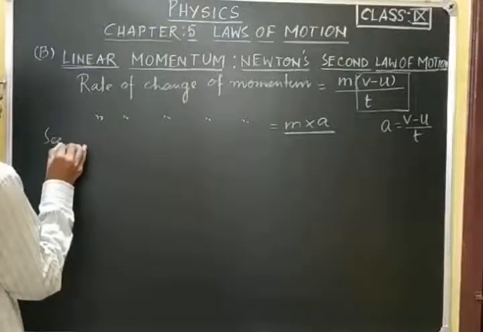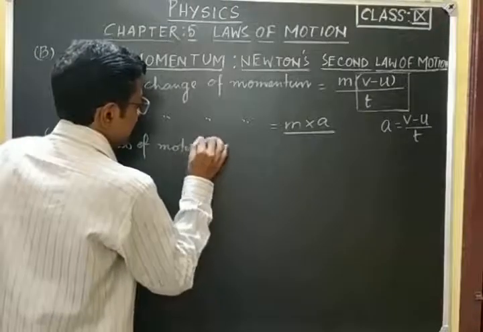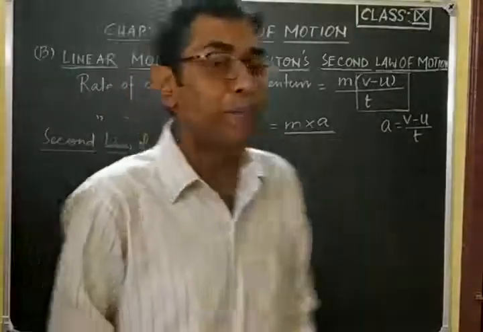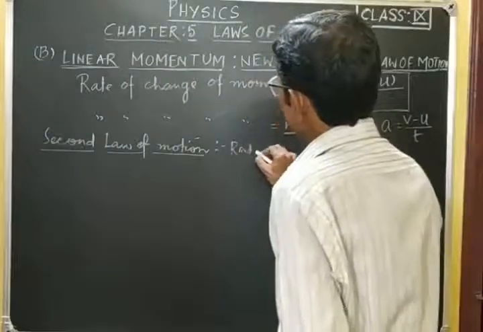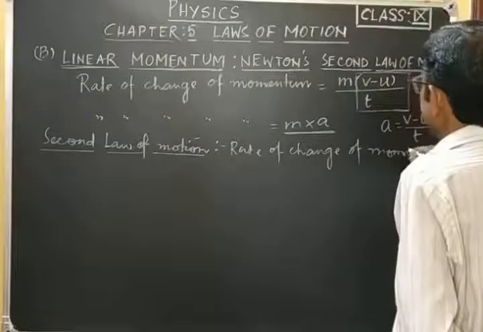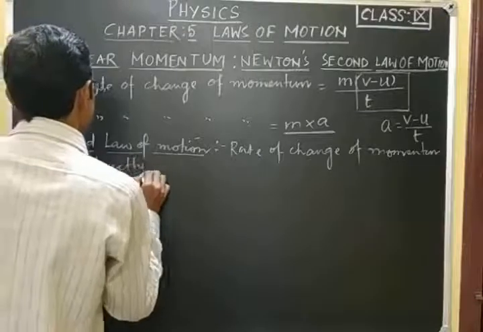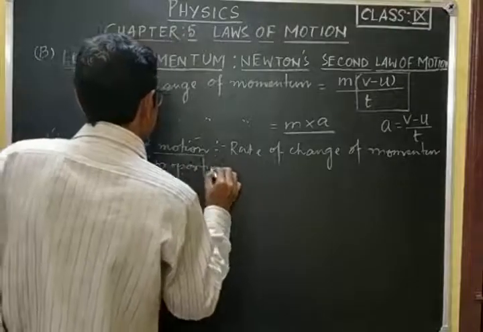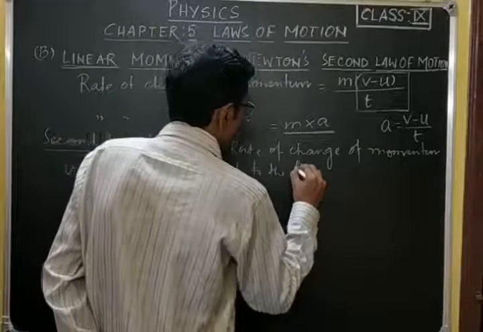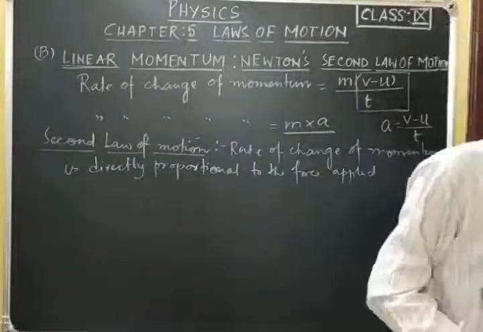Now I will start the second law of motion, which states that the rate of change of momentum is directly proportional to the force applied, and the change in momentum takes place in the direction of the applied force.